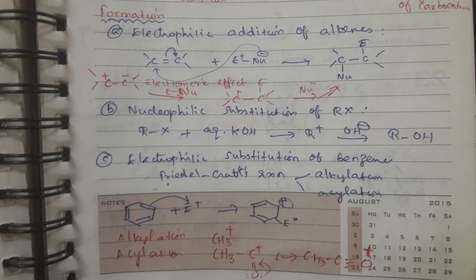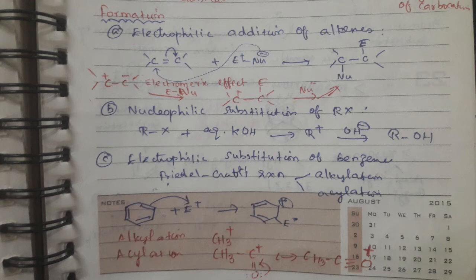Carbocations are obtained by electrophilic addition to alkenes. See here, alkene, due to electromeric effect. I hope you know the 4 electronic effects.